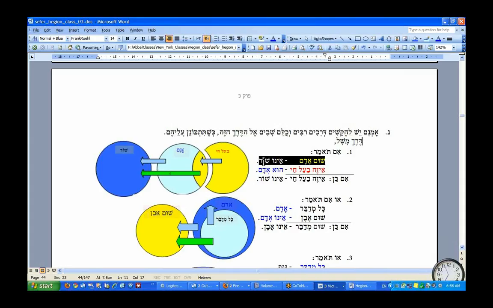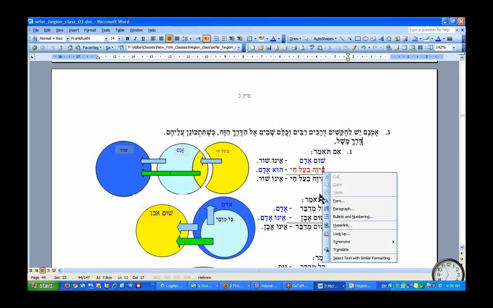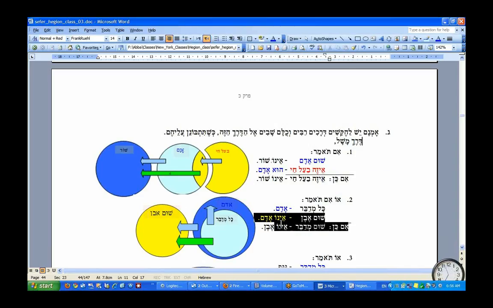The first one says Shum Adam Eino Shur, and the second one also has a sholel, Shum Evan Eino Adam. What distinguishes the first one from the second one is that one is a partial statement, Katsasi, and this one is a klali statement.